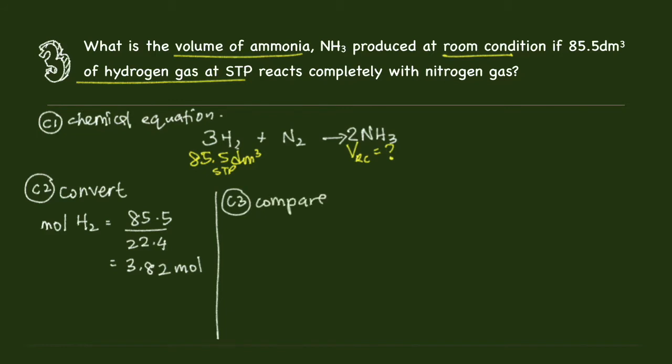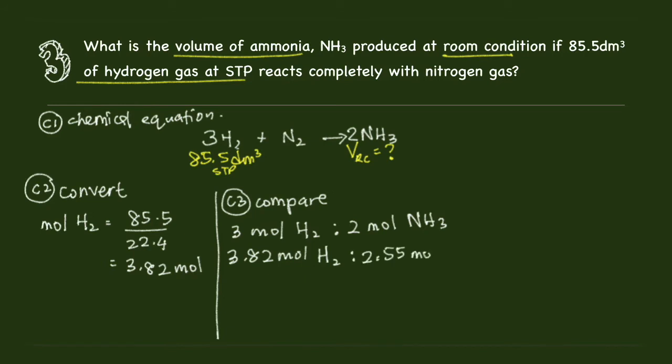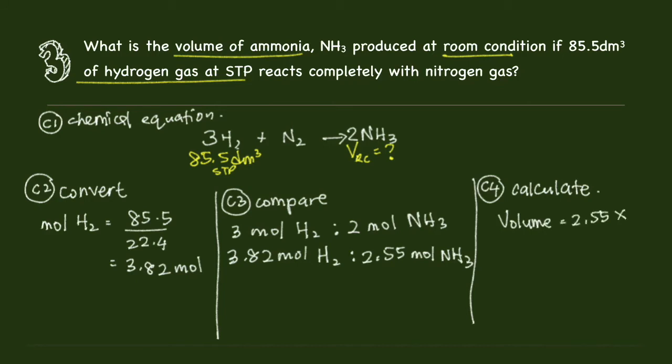Based on balanced chemical equation, 3 mole H2 ratio to 2 mole NH3. 3.82 mole H2 ratio to 2.55 mole NH3. C4. Calculate. The volume of ammonia is 2.55 times 24 equal to 61.2 decimeter cube.